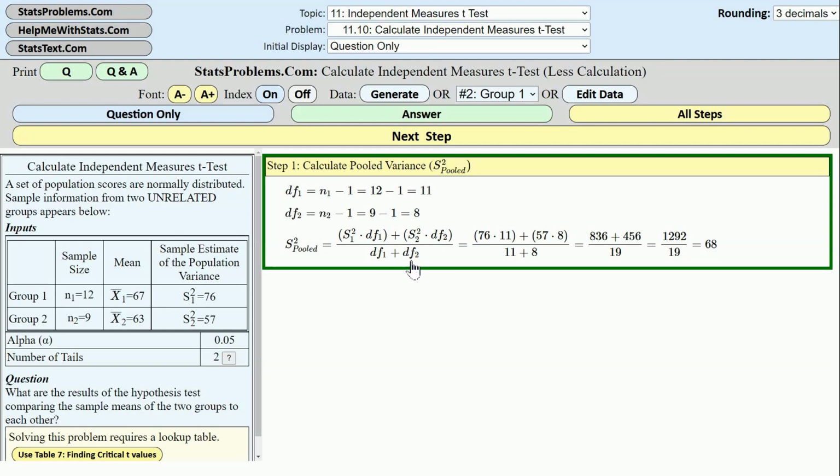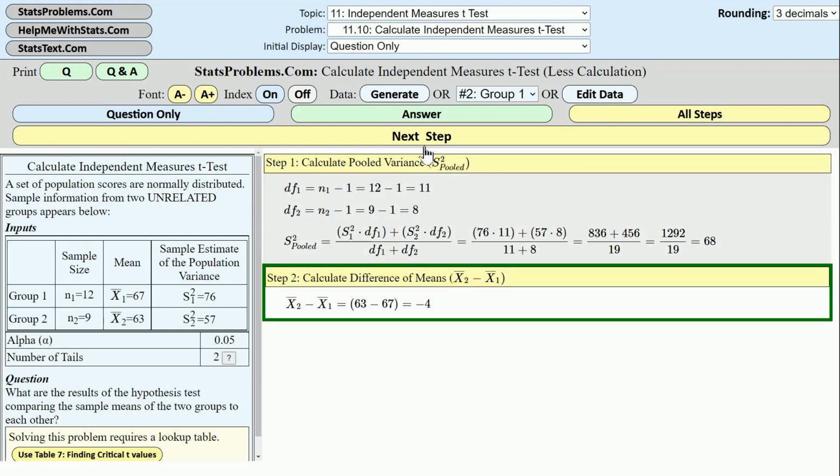In this example, S squared pooled equals 76 times 11 plus 57 times 8 divided by 11 plus 8, which works out to 836 plus 456 divided by 19, which works out to 1292 divided by 19, which works out to 68.